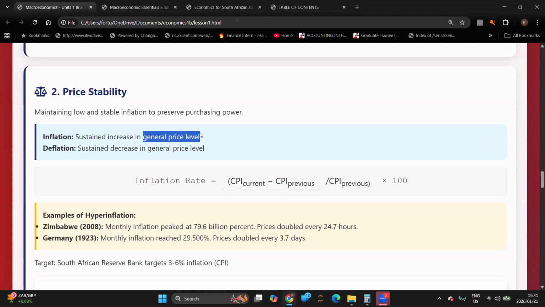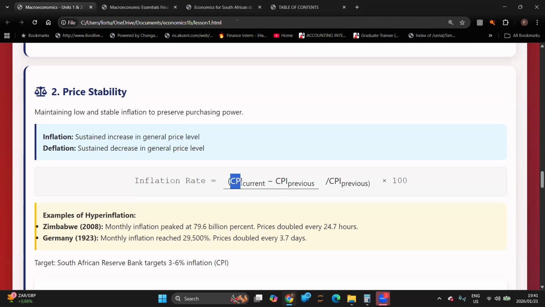So that means that when you're talking about the general price level, we need to also have an understanding of what we're referring to as the general price level. The general price level is measured using a key indicator, which is referred to as the consumer price index, given the abbreviation CPI.